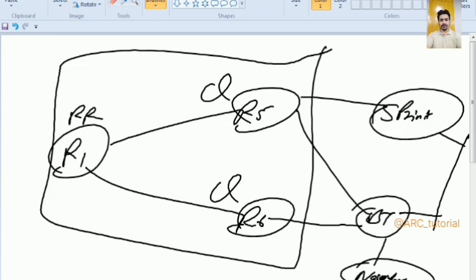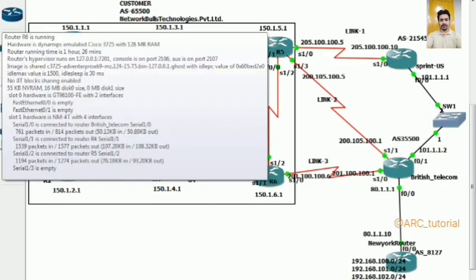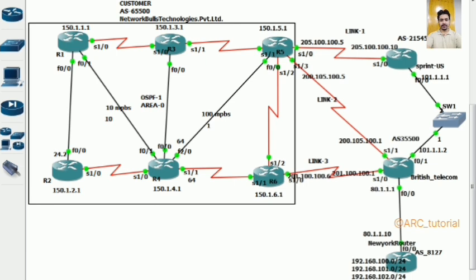See, R6 has installed these prefixes inside its own routing table. So whenever it needs to transmit data towards all these prefixes like 100.0, 101.0, 102.0 or 103.0, it will directly transmit that traffic in the direction of R5 now. Traffic will never traverse via R1. However, R6 is receiving these prefixes from R1.